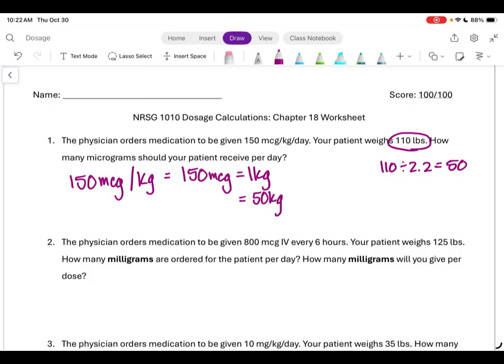Now how many micrograms would be required for 50 kilograms? We know it's 150 for 1, so to figure out how many it is for 50 kilograms, we just multiply 150 by 50. And you get 7,500. Okay?